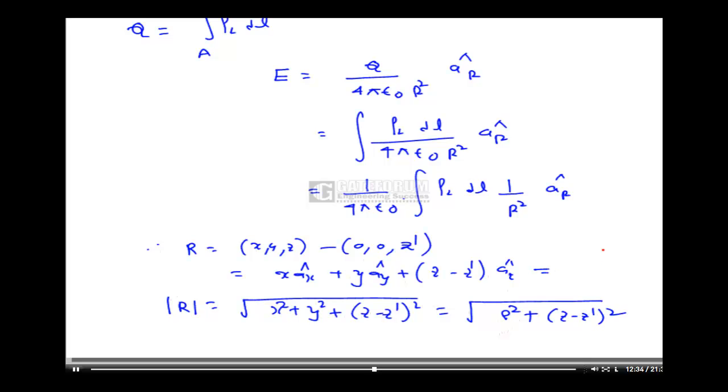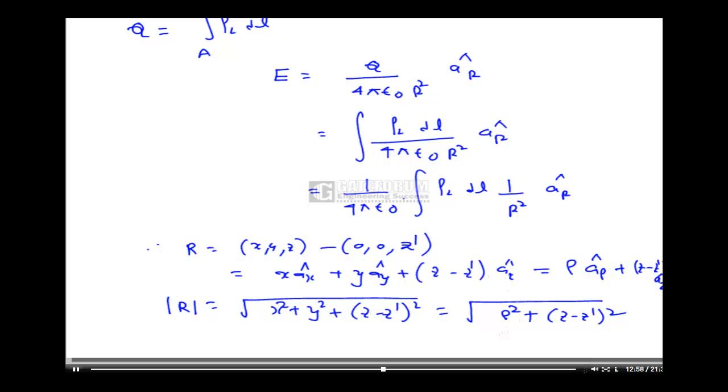So r is also equal to rho a rho plus z minus z dash az. I can simplify like this because here I am assuming cylindrical distribution for easy analysis. So substitute these values in the integration, and if you simplify, you will get the answer.